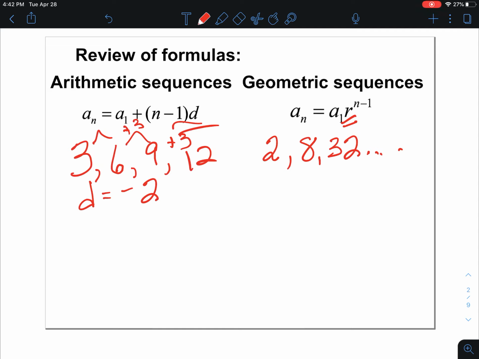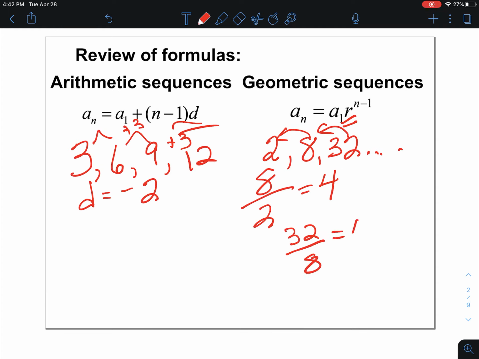Every time you try to find a common ratio, you take a term and you divide it by the one before it. So if I take 8 divided by 2, I get 4. If I take 32 and I divide it by 8, I get 4, and so on. So our ratio in this geometric sequence would be 4, because that's the number that you're going to be multiplying by every single time to get the next term.